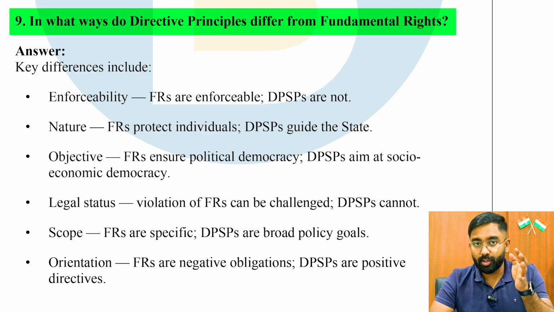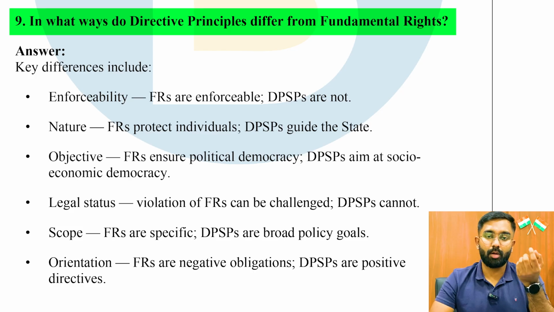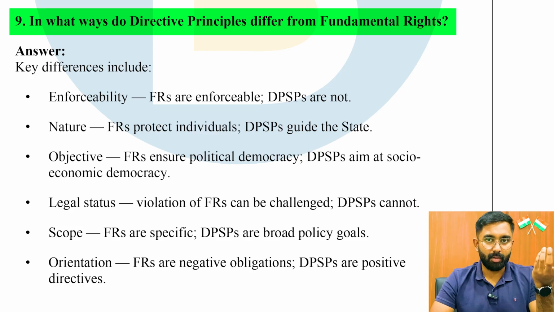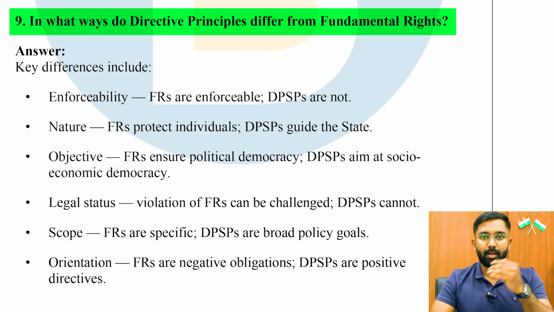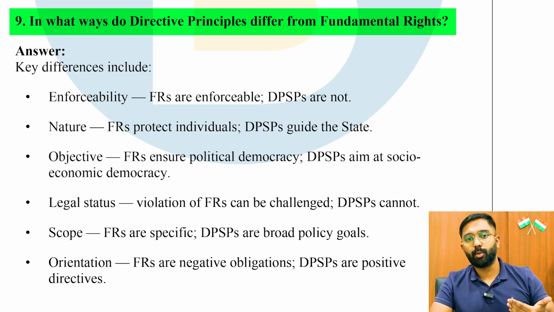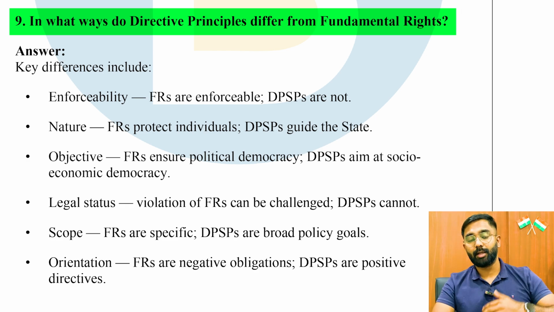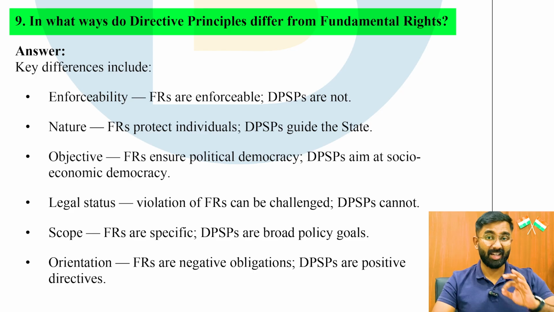In fact, you have one beautiful Article 45, the right to elementary education. It is the responsibility of the state to make sure children below the age of 14 are given basic education, and that later was taken and made a fundamental right, Article 21A. Correct? So DPSPs are positive in nature. They have a positive tone, like what the state should do. On the other hand, the fundamental rights have a negative voice, where it says what the state should not do.